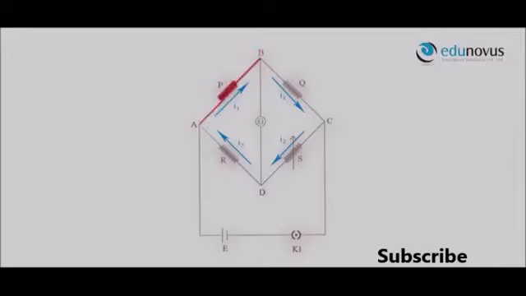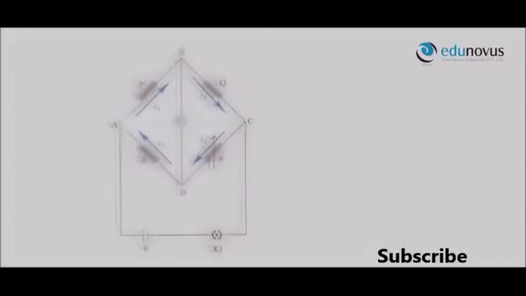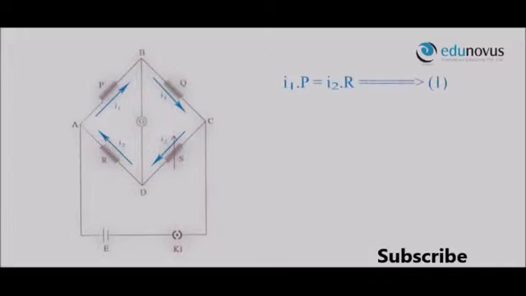That is, the voltage drop from point A to point B is equal to the voltage drop from point A to point D. I1 into P is equal to I2 into R. Let it be equation 1. For the same reason, the voltage drop from point B to point C is equal to the voltage drop from point D to point C. That is, I1 into Q is equal to I2 into S. Let it be equation 2.